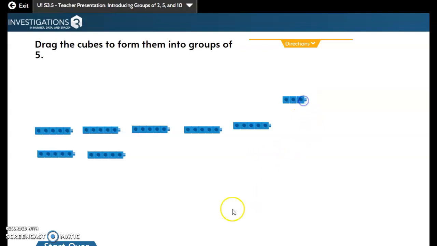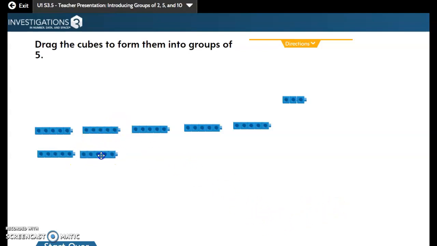What you notice here is after I get my groups of 5, I have a group of 3 left. I don't have a whole group of 5. So I'm going to leave that group of 3 right there together because it's not 5s. I'm not going to put it down here with my other groups because there's not 5 1s, there's only 3 1s.